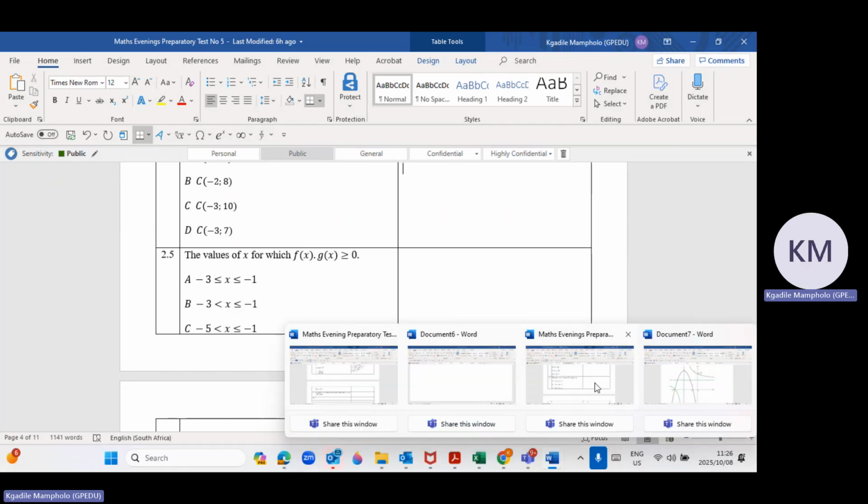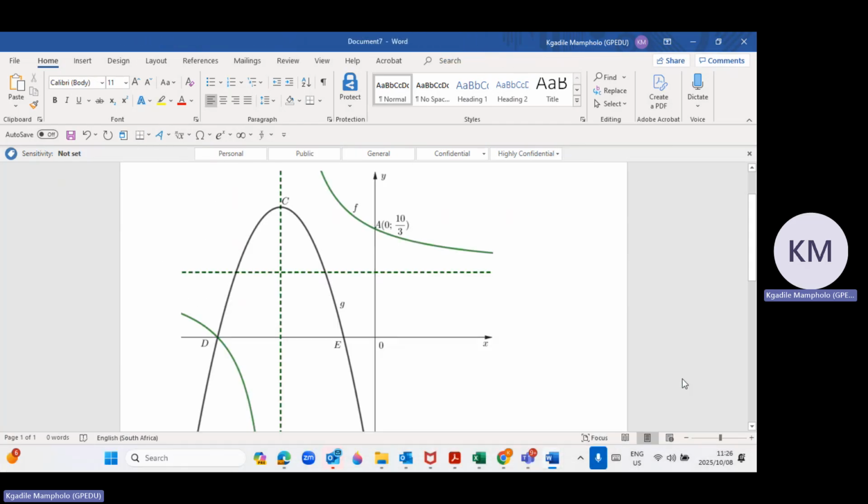If you look at this graph, you will check where both are negative or both are positive. Remember, you can only get a positive answer when you multiply positive by positive or negative by negative.